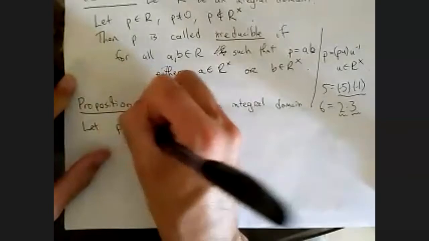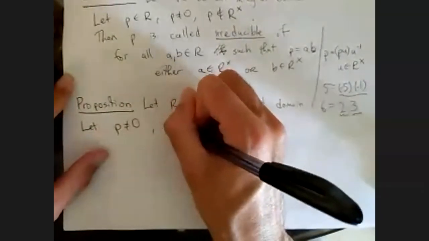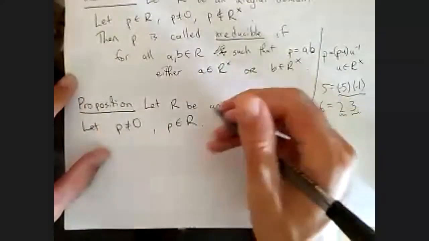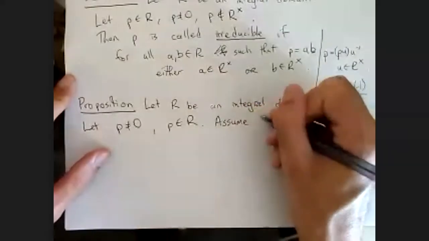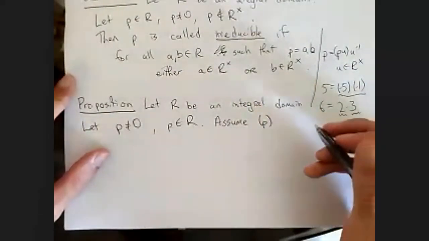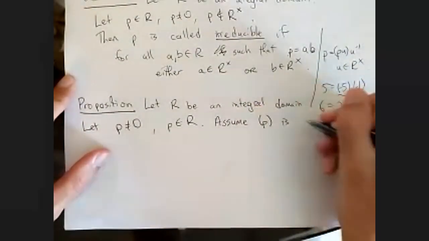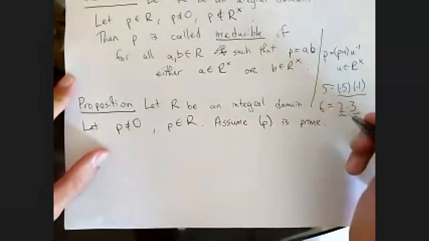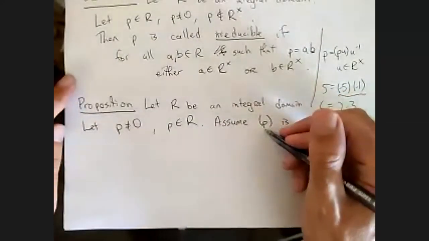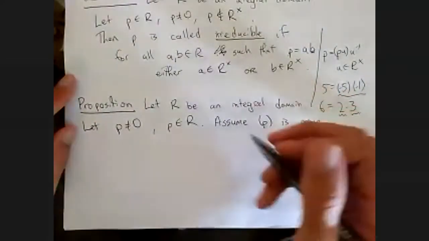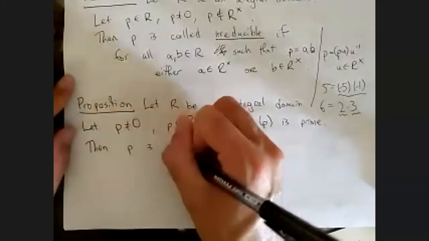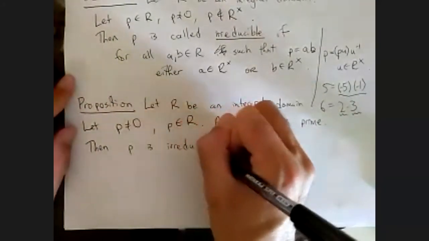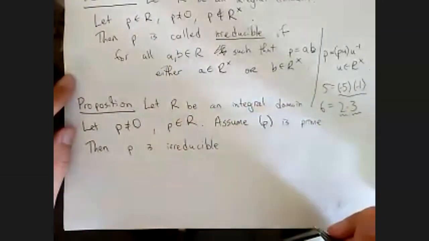Let P be a non-zero element of R, and assume that the ideal generated by P is prime. So if P generates a prime ideal, then P is irreducible.